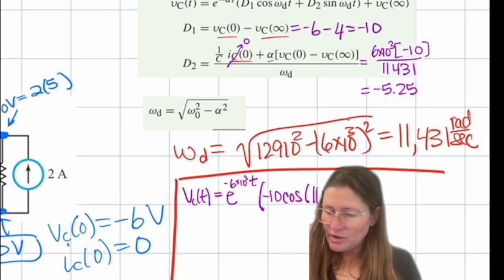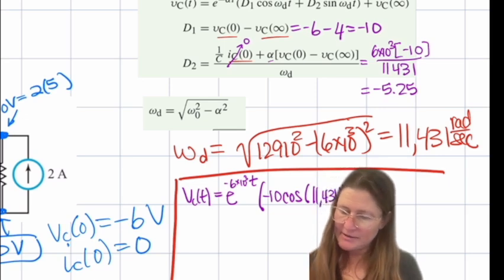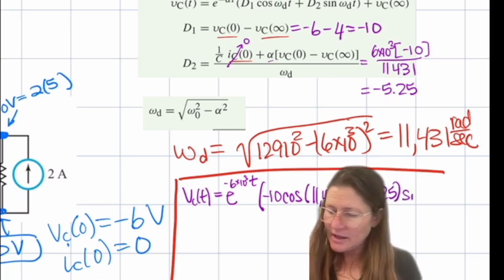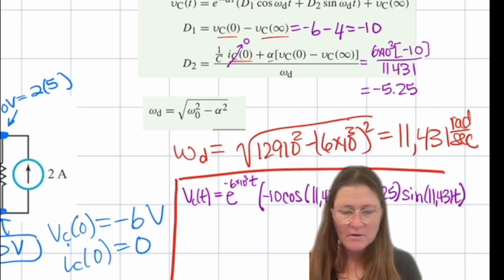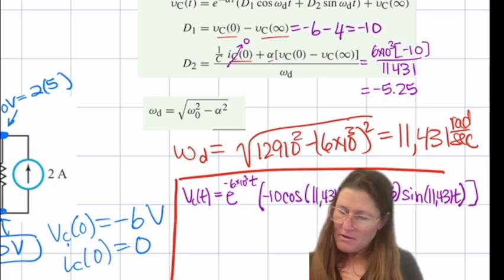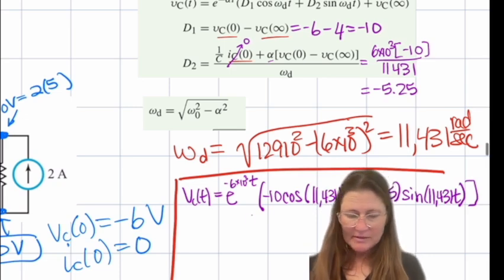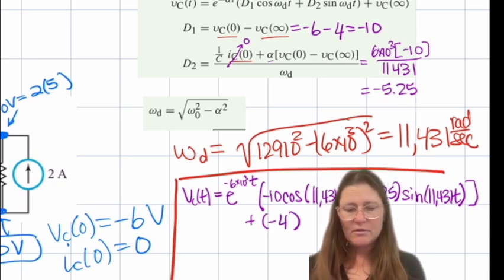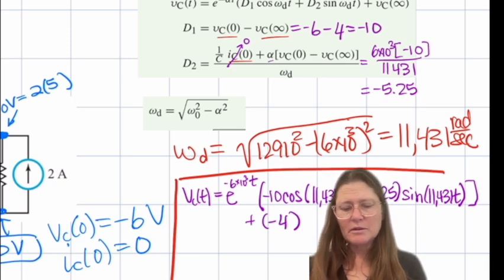So D2 is a minus 5.25, and then sine 11,431t, and then a plus VC infinity, which was a minus 4. Wait a minute. Was a plus 4, sorry.